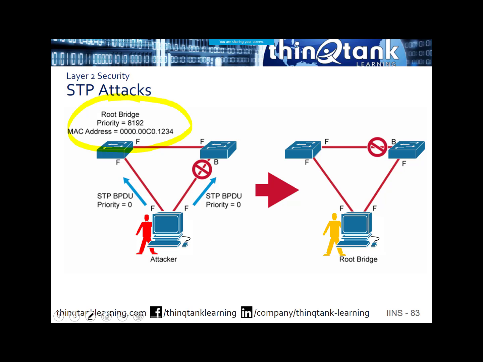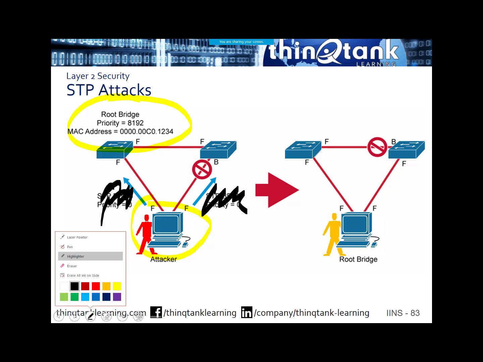Okay? Well, let's say in my normal topology, maybe this is not a PC but a switch or whatever. This is before this guy sends in these BPDUs, so we'll redact that there. This guy's connected to the network. He's either not sending BPDUs or he's sending inferior BPDUs, so he's not going to be elected as the root.